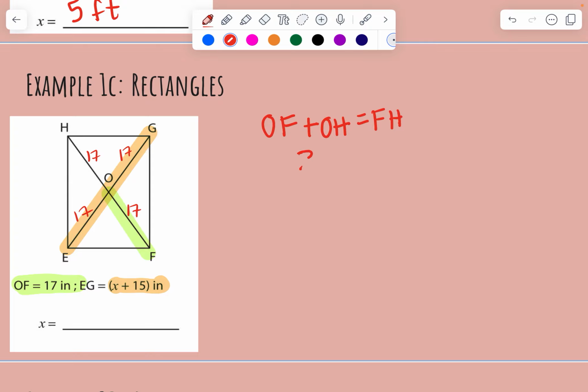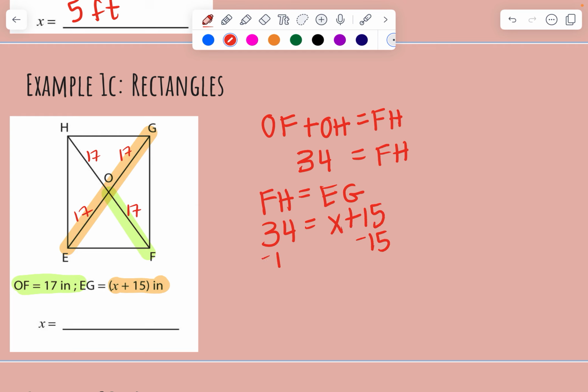So that means 34 is equal to FH. And then we also know that FH is the same as EG. So 34 equals x plus 15. And if I take 15 from both sides, then x is 19. So 19 inches.